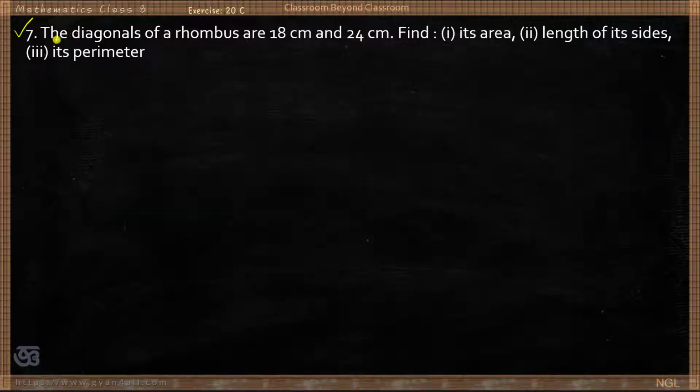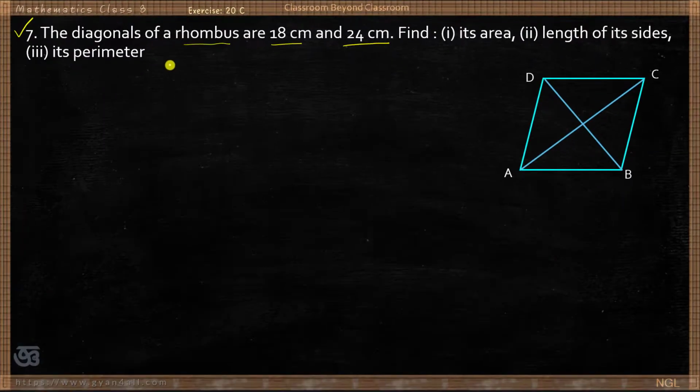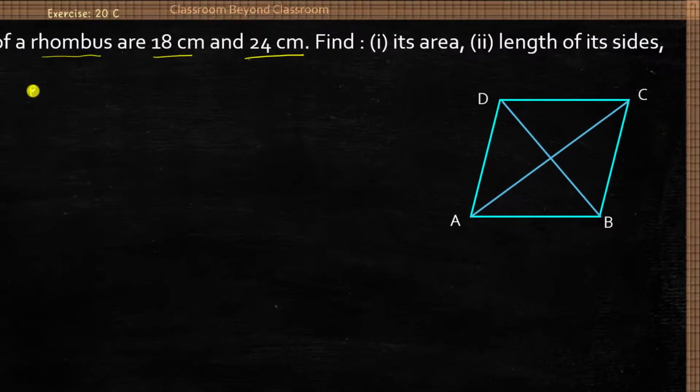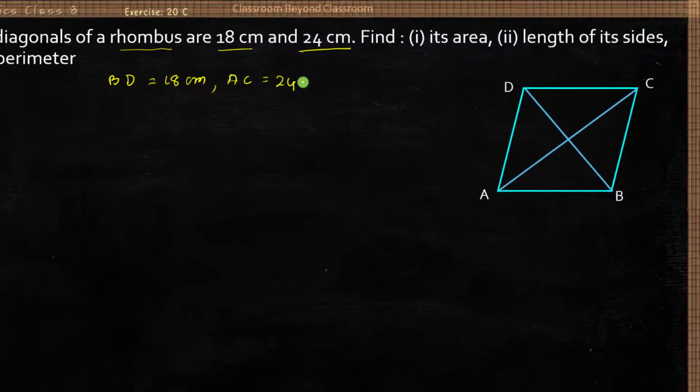Question number 7. The diagonals of a rhombus are 18 centimeter and 24 centimeter. Find its area, the length of its sides, and its perimeter. So ABCD is a rhombus and its diagonals are, say, BD is equal to 18 centimeter and AC is equal to 24 centimeter.